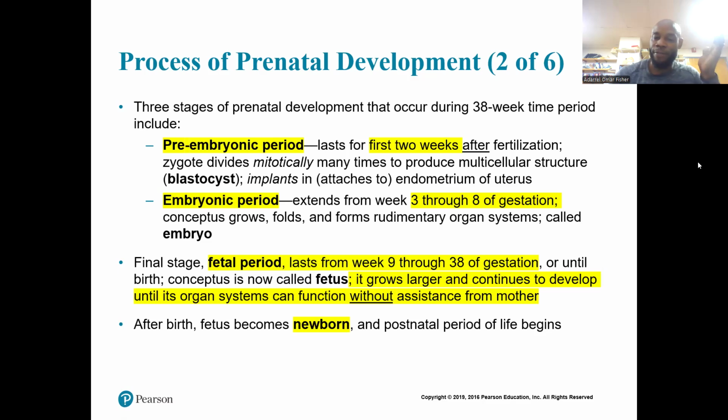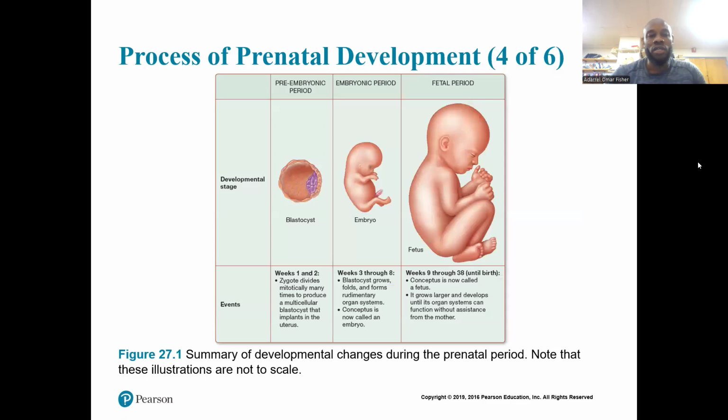So pre-embryonic, first 2 weeks; embryonic, weeks 3 through 8; fetal, weeks 9 through 38; and then newborn. The baby's here. That is a diagram of what is happening, the developmental stages.